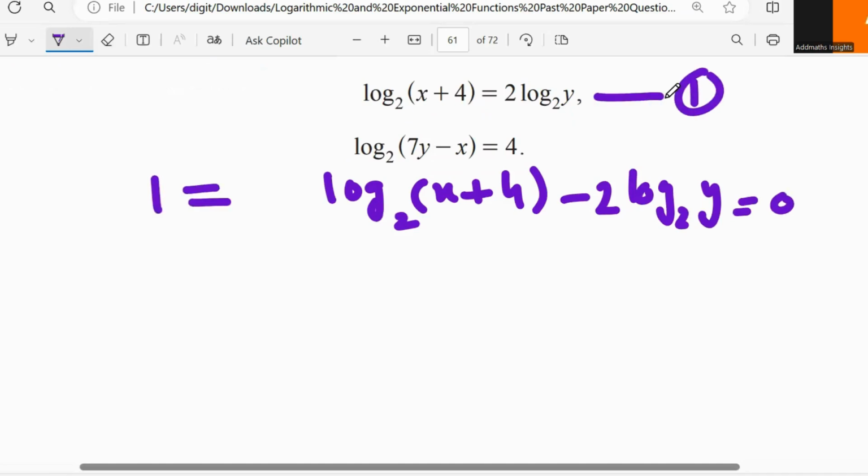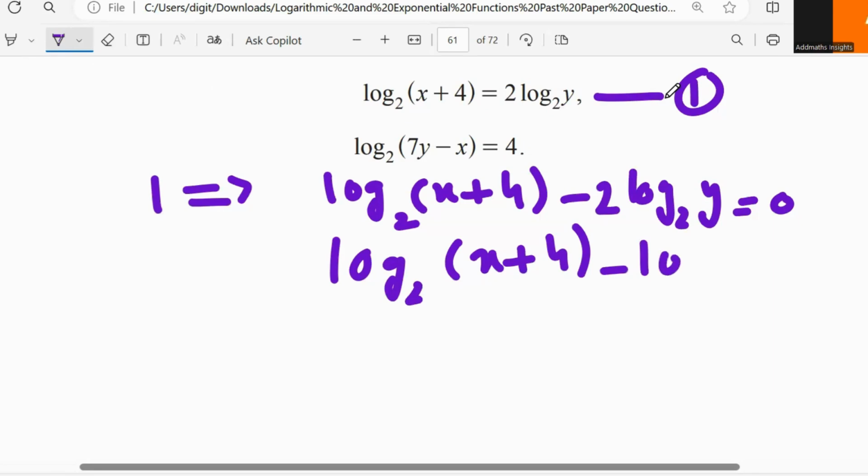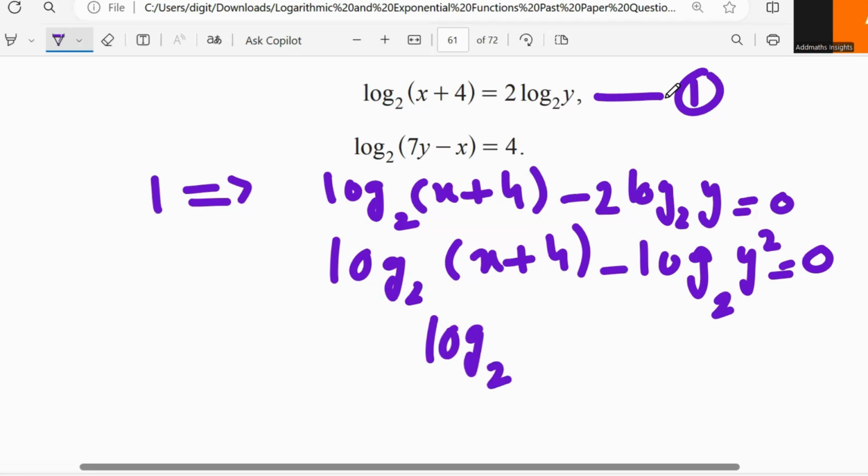Now this 2 becomes a power, and you can write log 2 (x+4) minus log 2 y squared is equal to 0. And now you know there is a subtraction sign here, so to change into a single logarithm, you will write log 2 of (x+4) divided by y squared is 0.